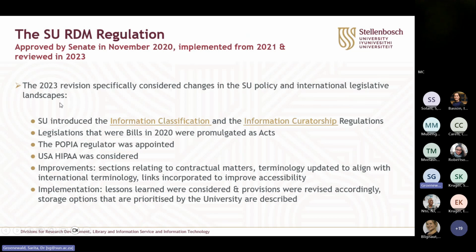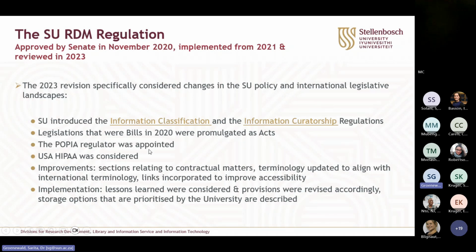We had to make some changes in the initial document because the university introduced the information classification and the information curatorship regulations. There were some legislations that were bills in 2020 when the initial regulation was drafted, and these were in the meantime promulgated as acts, so we had to change the details there.